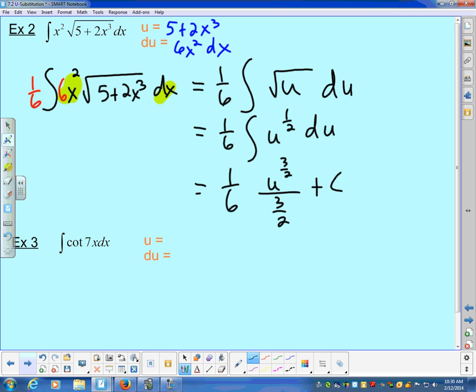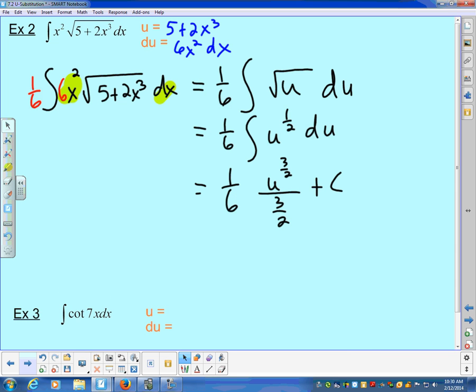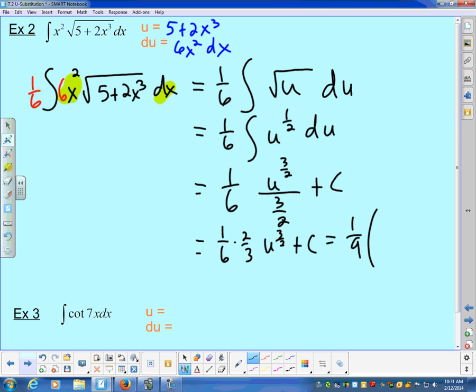Let's clean that up. What does that end up equaling? 1/9 u to the 3/2. The 3/2 is the same as multiplying by 2/3, which is 1/9 u to the 3/2 plus c.